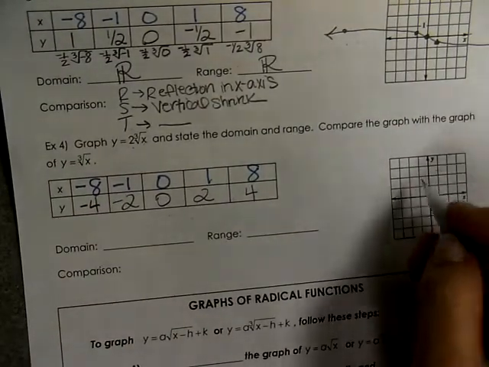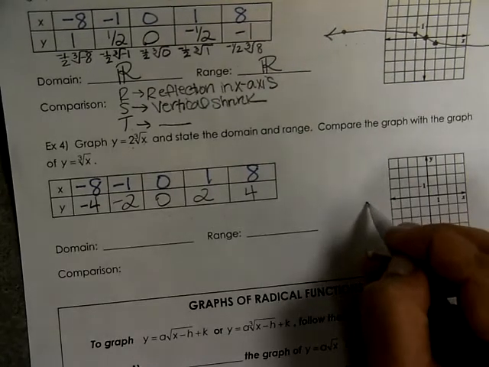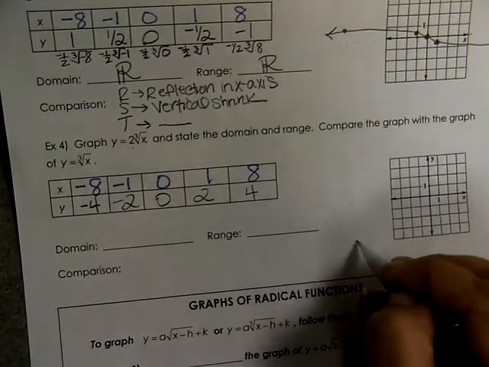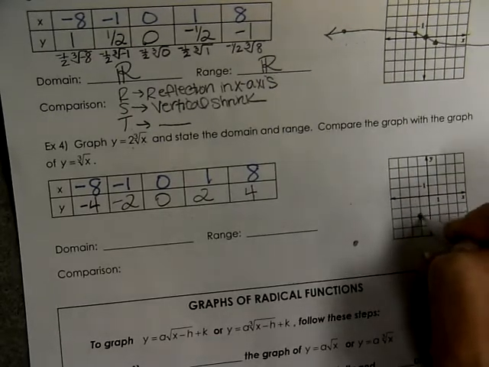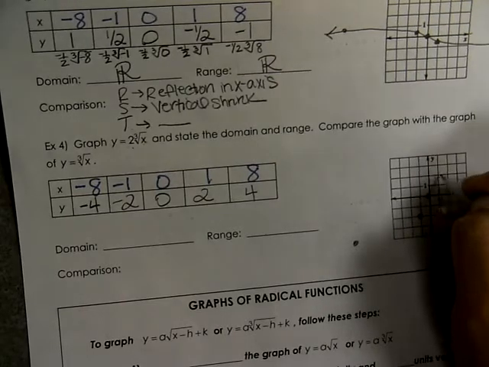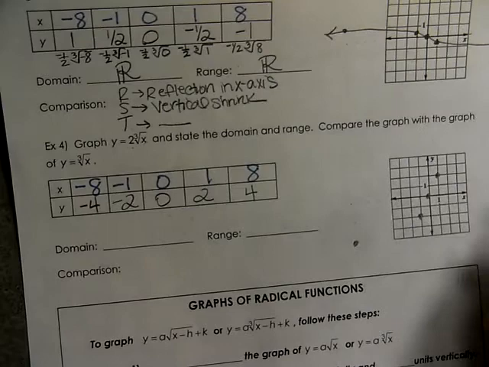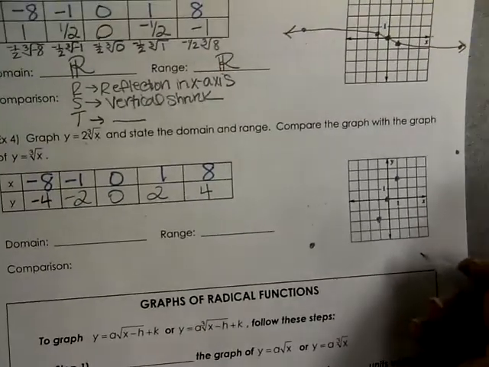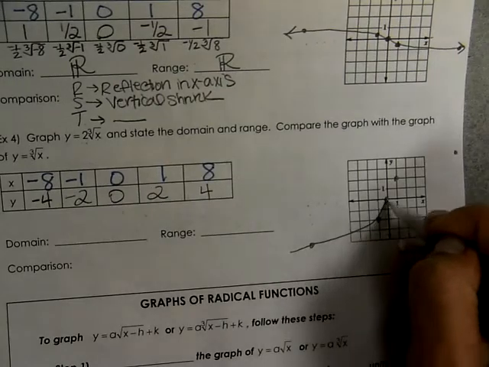So we can plot those points. -8, -4, -1, -2, 0, 0, 1, 2, 8, 4 might be over here. And then I'm going to connect those.